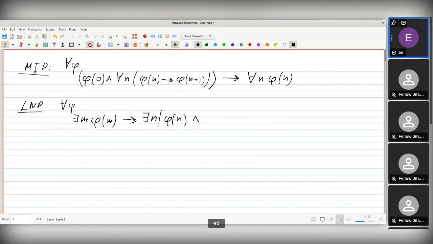It is the least number with that property. There exists such n that phi of n holds, but for every number which is less than n, phi fails. Phi is not true for all the numbers less than n.